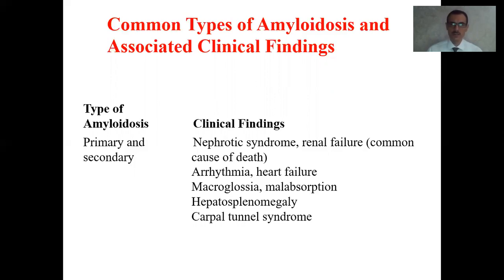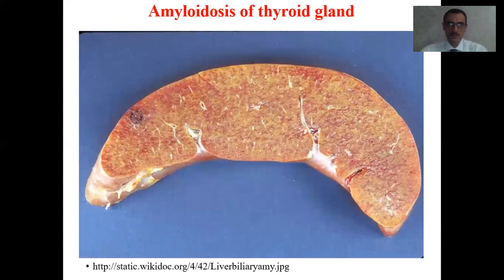In amyloidosis of the heart, arrhythmias and heart failure. From the gastrointestinal tract, macroglossia, malabsorption, hepatosplenomegaly, and carpal tunnel syndrome. That was the summary of our previous slides. Let me show you some slides.